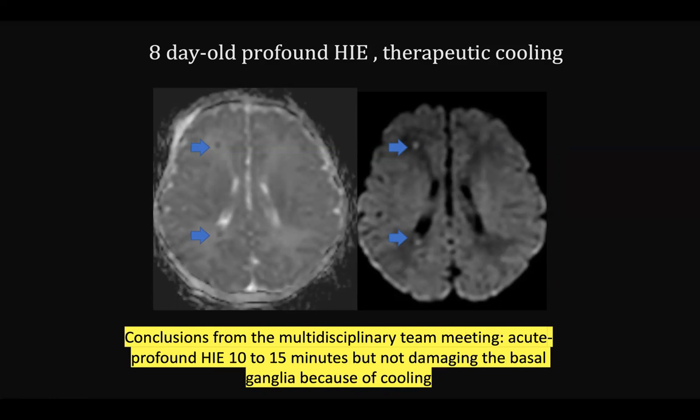The conclusion from the multidisciplinary meeting was that this was an acute profound HIE of 10 to 15 minutes. So we would expect some basal ganglia damage, but it didn't appear because of cooling. So the cooling worked. Nevertheless, a bit of damage appears in the form of punctate white matter lesions. So punctate white matter lesions can be an expression of a well-treated profound HIE.